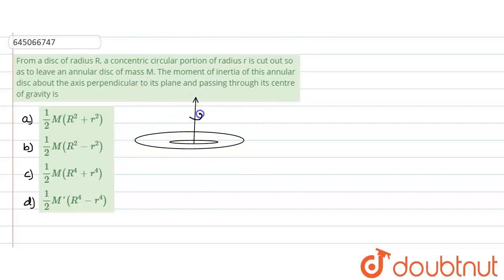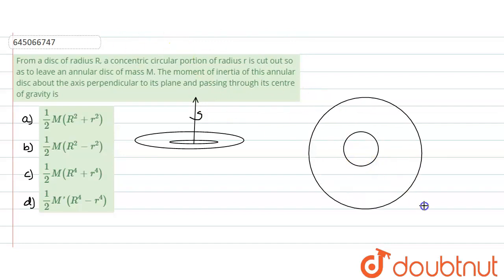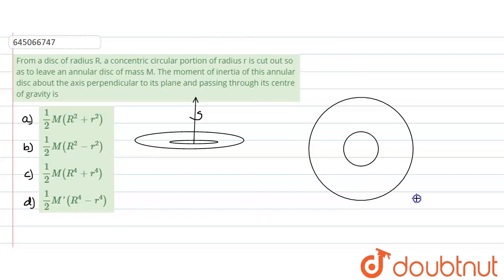If we see from above, our figure would look like a circle, the inner portion would be a circle, and the outer portion would be a circle like this. Here we have mass, and this is the cut portion. After cutting, the mass is capital M, and let's say our inner radius is small r and this is our radius, capital R.